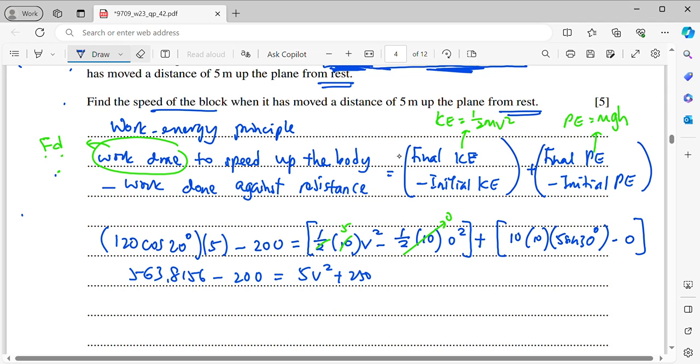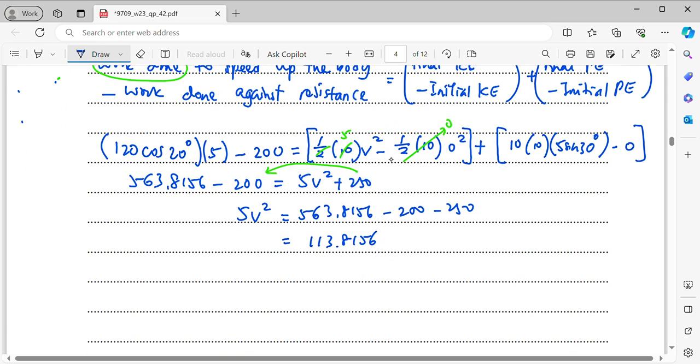I will move all the terms to the other side, so 5v squared will be 563.8156 minus 200 minus 250, and then you will be getting 113.8156.